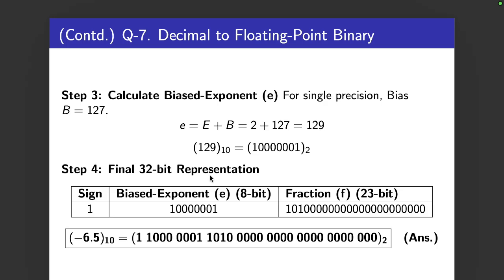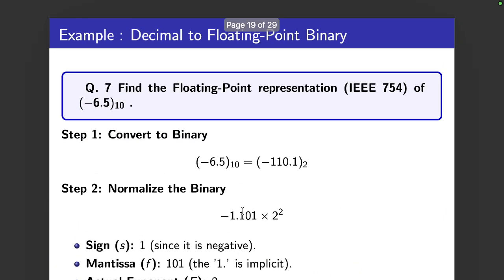So the final 32-bit representation: the sign bit is 1 because this is a negative number, then the biased exponent in binary form, and then the fraction part f. F here is only 101, the fractional part, not the integer; the integer 1 is implicit.